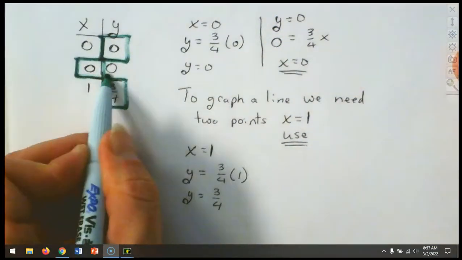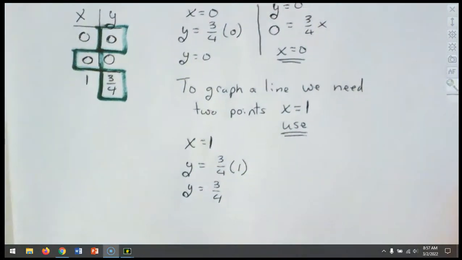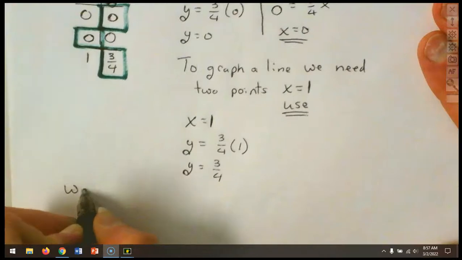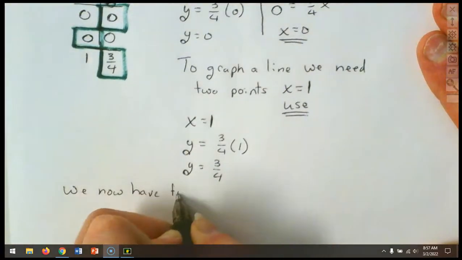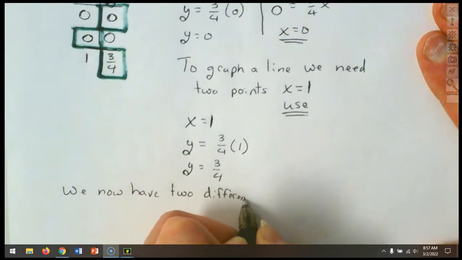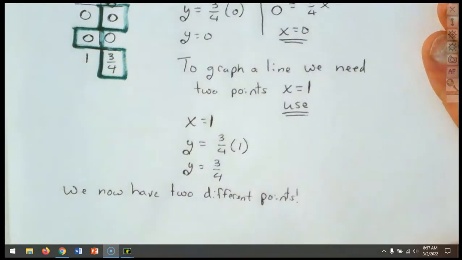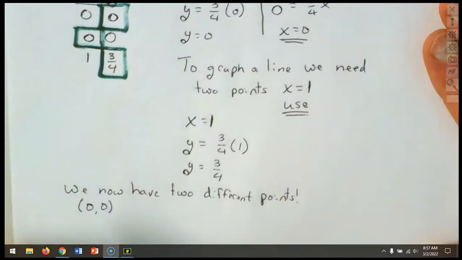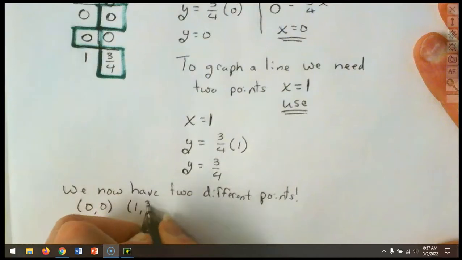Okay, so we filled that in. Now we have 2 different points. You have to make sure you have at least 2. Those 2 different points are 0, 0, and 1, 3/4.